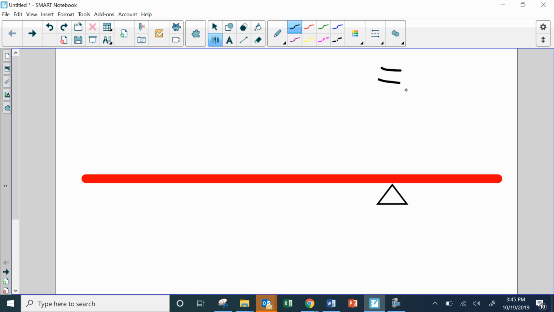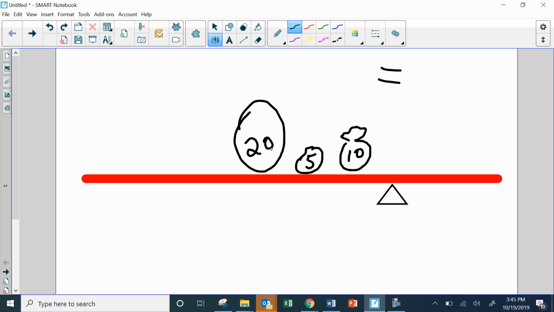So this bag of sugar right here is 10 pounds. We have a little tiny bag of sugar here that's only 5 pounds. And then we have a big bag of sugar here that's like 20 pounds.